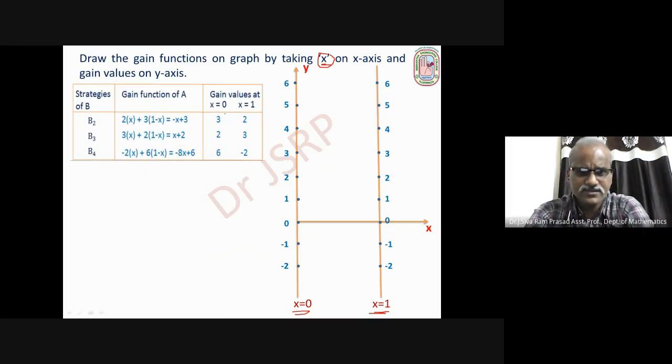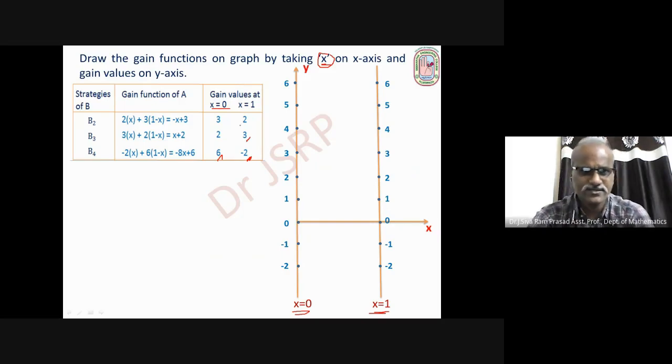Observe here, for x0 the range is maximum 6. For x1 the range is minus 2 to 3. So overall the range is minus 2 to 6. Okay. So these are the points. So use a scale and pencil and identify the points at equal distance to get accuracy.